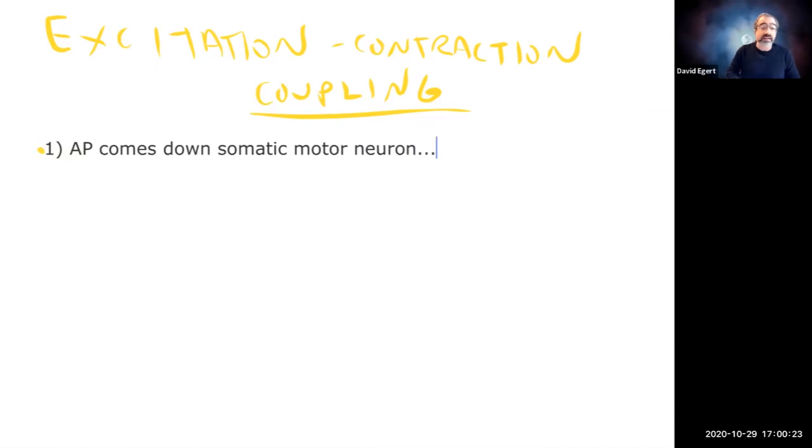Then what happens next? Releases acetylcholine at the neuromuscular junction. Exactly.